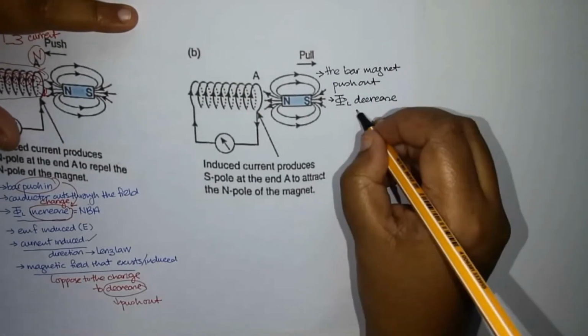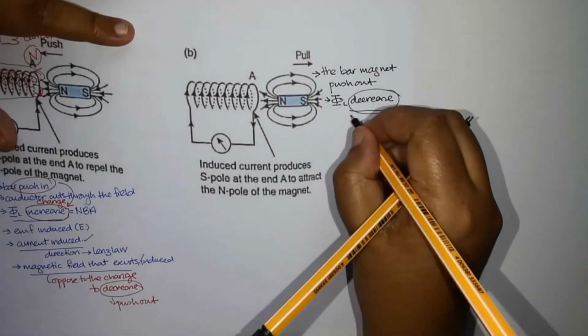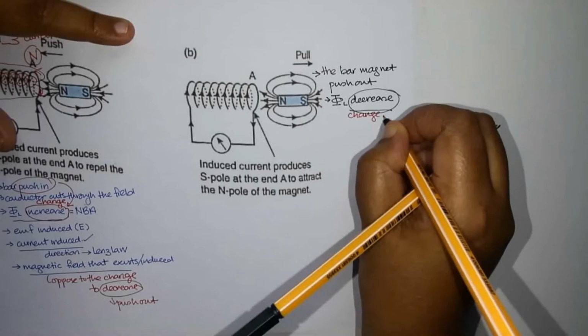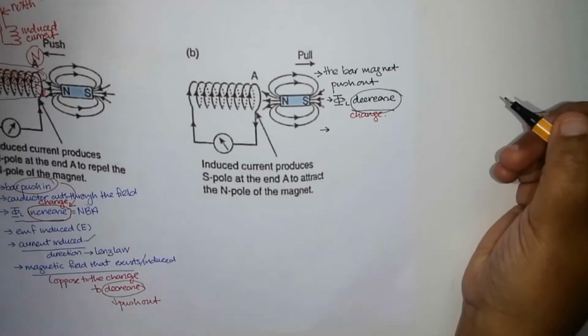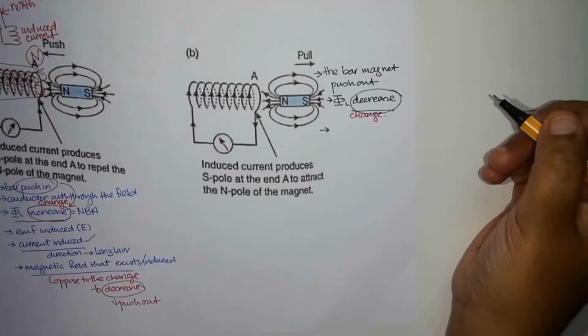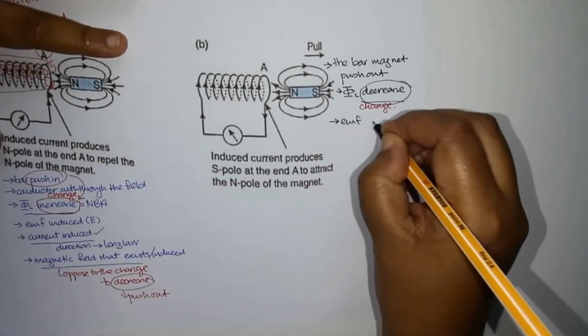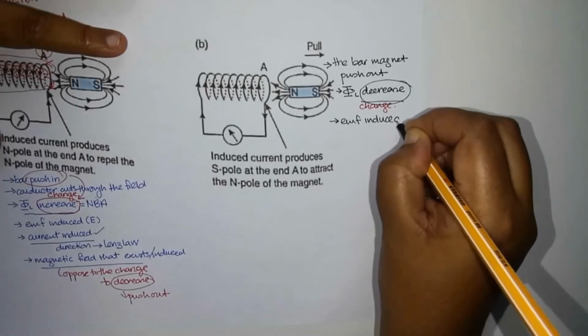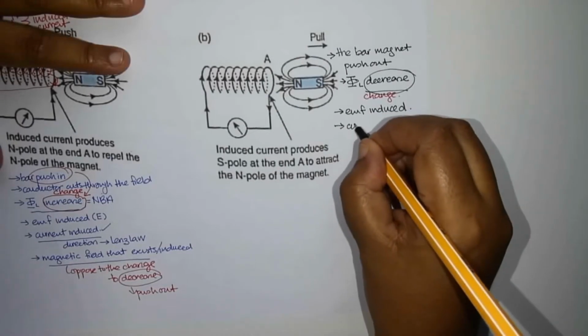Decrease here means there is a change in the magnetic field. So this magnetic flux linkage that decreases, an EMF will be induced according to Faraday's law. EMF is induced, and that induced EMF will induce current.